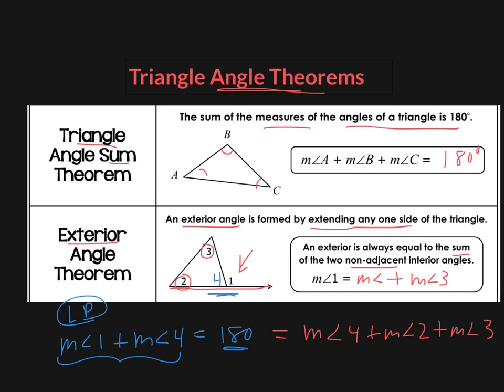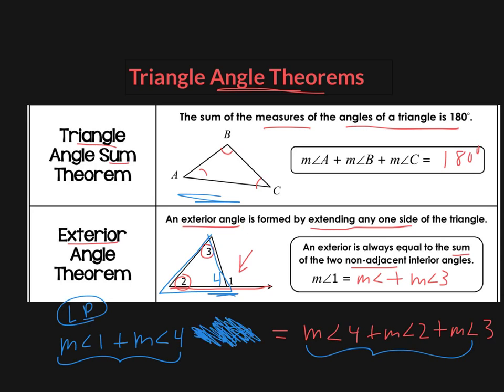And we also set up here, by the triangle sum theorem, that if I take all three angles inside the triangle, they also add up to 180 degrees. So 180 is equal to this sum, and 180 is equal to that sum. So it should suffice that the two sums themselves are equal. So we can just take 180 right out of the picture.